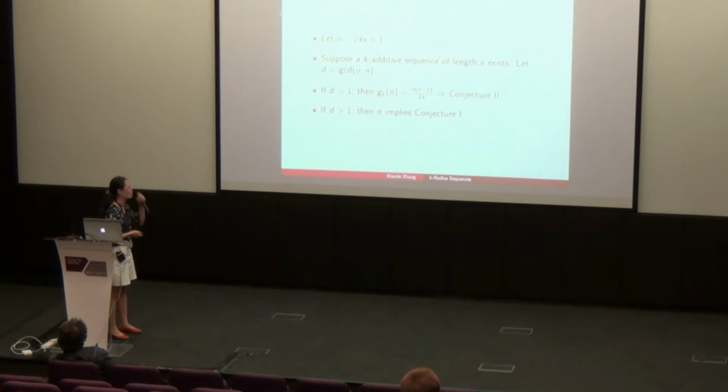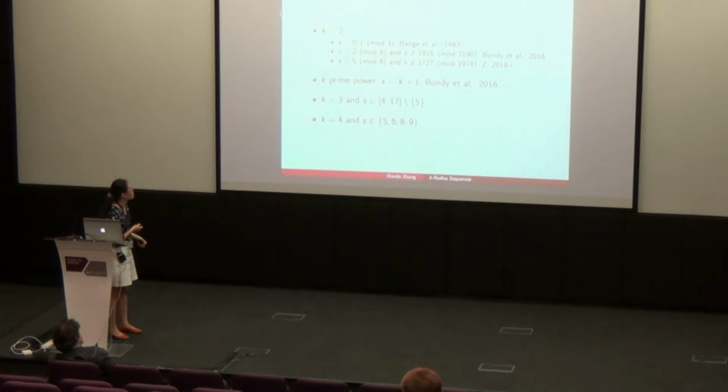Okay, so my work is focusing on the construction of additive sequences. Okay, these are the known results for D equals 1. For k equals 2, Bunch in 1983 constructed the sequence by using another name. It happened to be a two additive sequence with D equals 1.